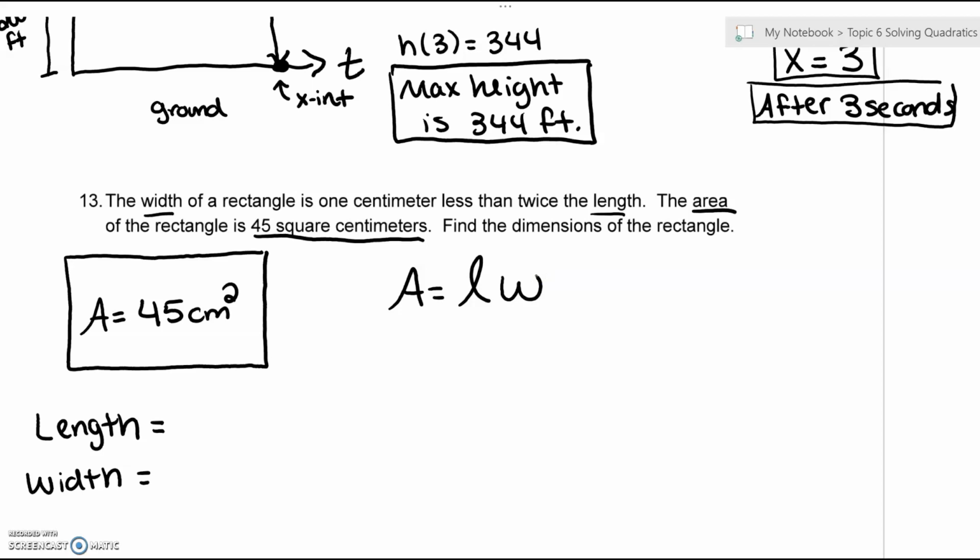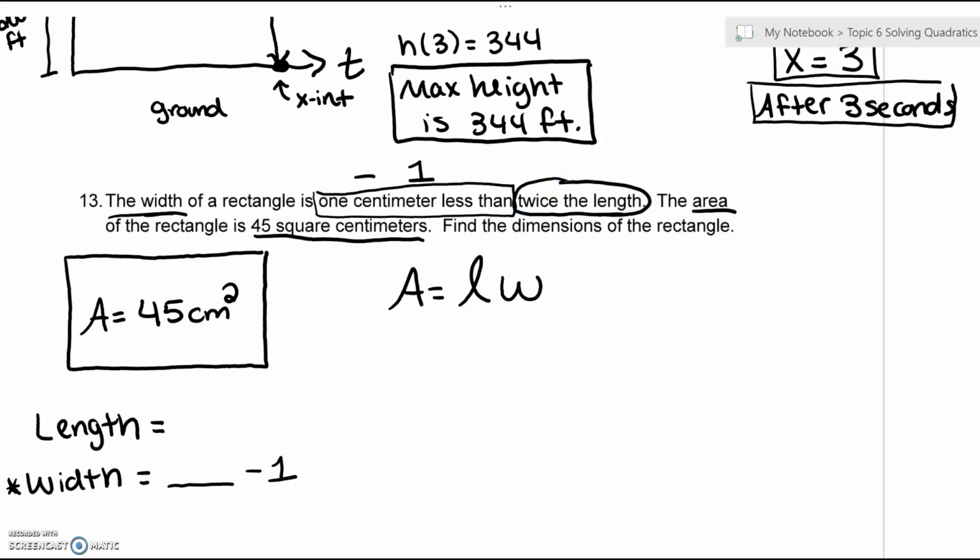So let's think about this. The width. So we're talking about this one. The width of a rectangle is 1 centimeter less than. So 1 centimeter less than means I'm going to have something and I have to minus 1 centimeter from that. So that means minus 1. It's 1 centimeter less than twice the length.